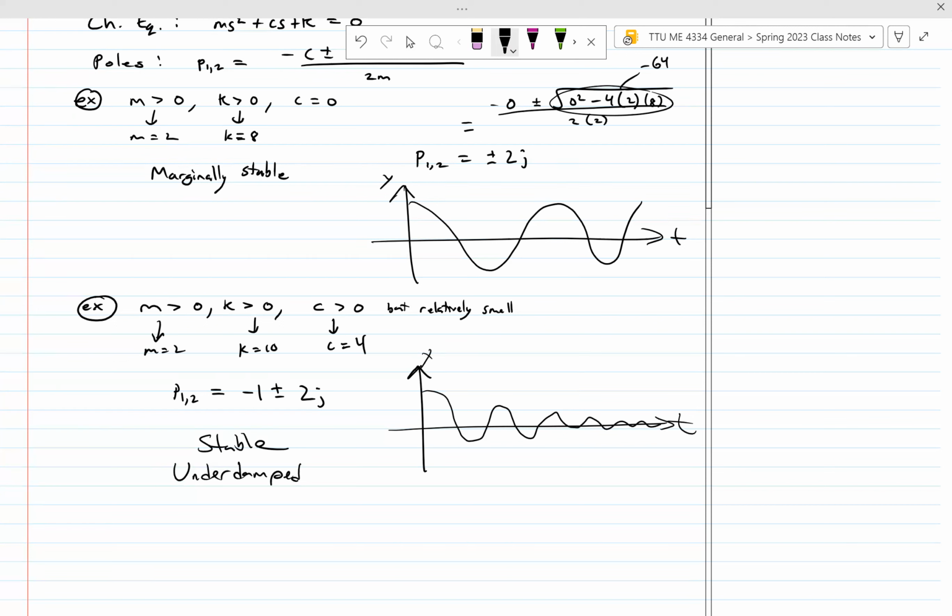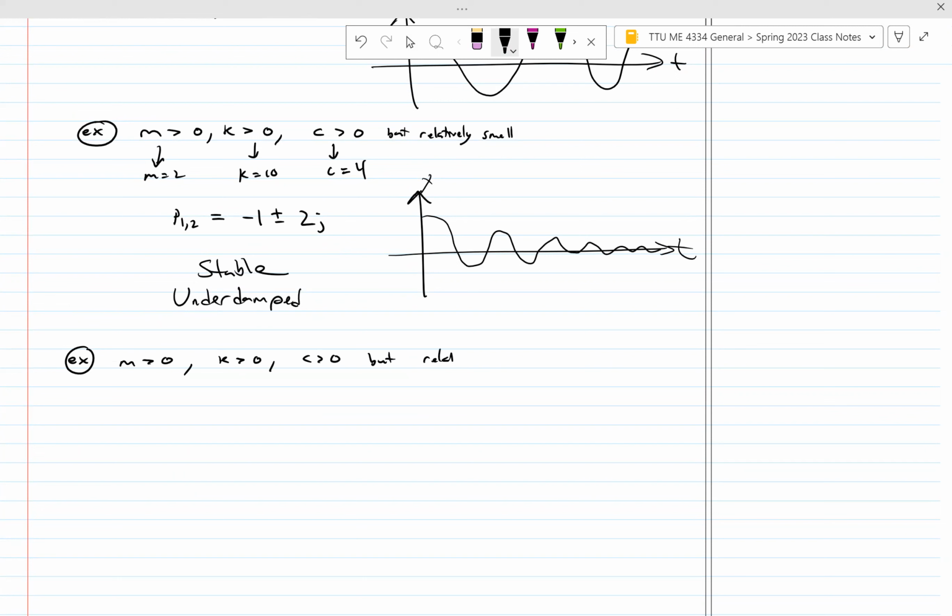Let's try again. These three are all positive now, but C is going to be relatively large. So I'm going to say M is 2, K is 1, and C is 4. So C is relatively large compared to what those other two values of M and K are.